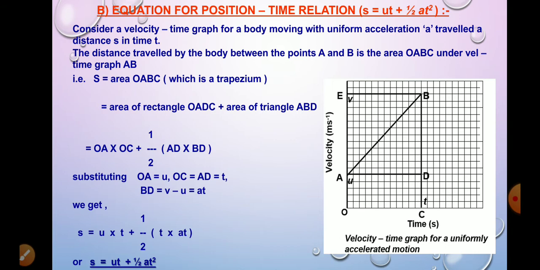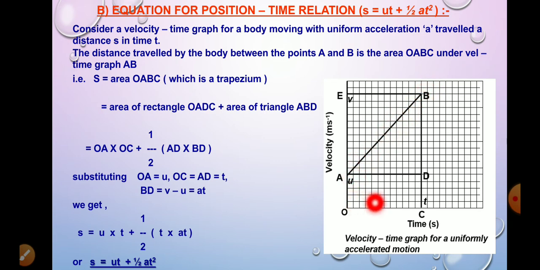Here S is the distance travelled by the object. In the velocity time graph for a uniformly accelerated motion, the area under the slope gives us the distance travelled by the body between the points A and B. So S is nothing but the distance travelled.